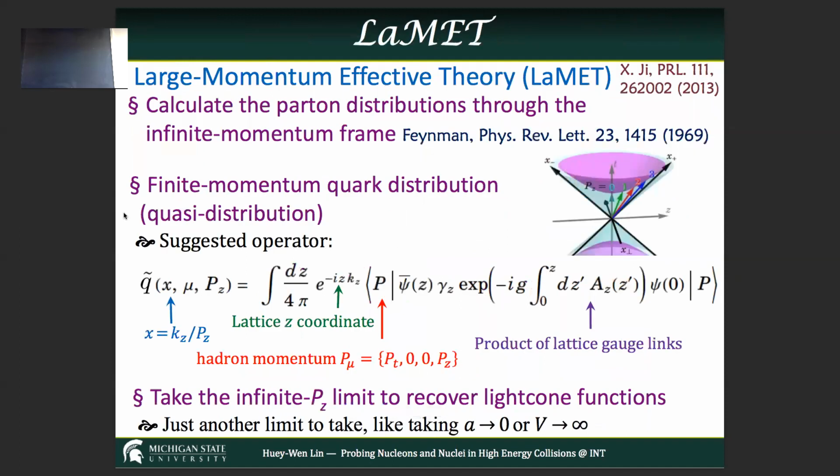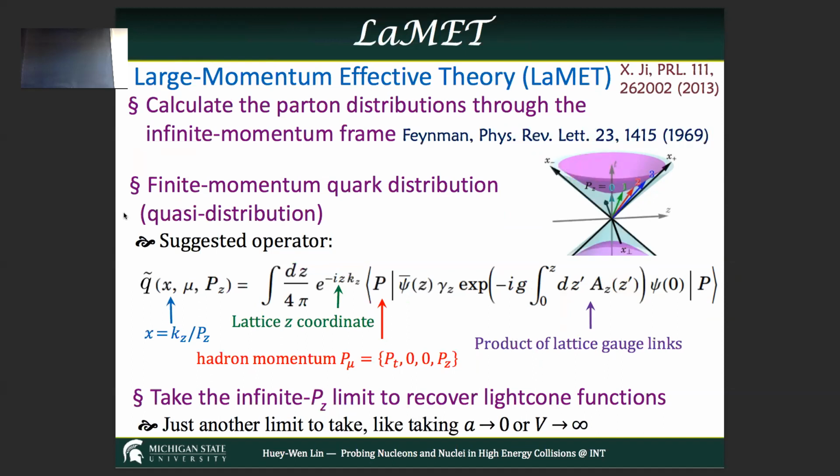So, a very brief slide about LaMET. You have probably heard this method a few times here now. The idea is to try to calculate the parton distribution function and take the infinite momentum frame, as originally Feynman suggested. So what is proposed is that on the lattice we can calculate some kind of intermediate quantity, and some people call it quasi-distribution functions.